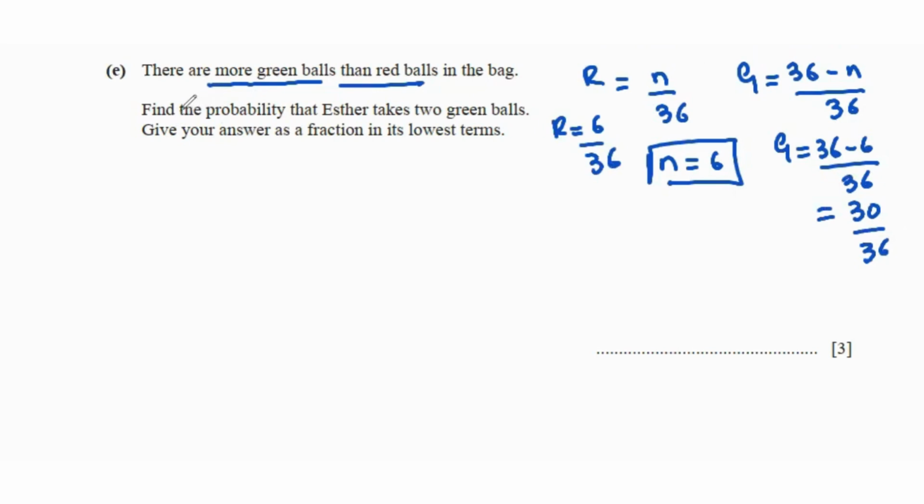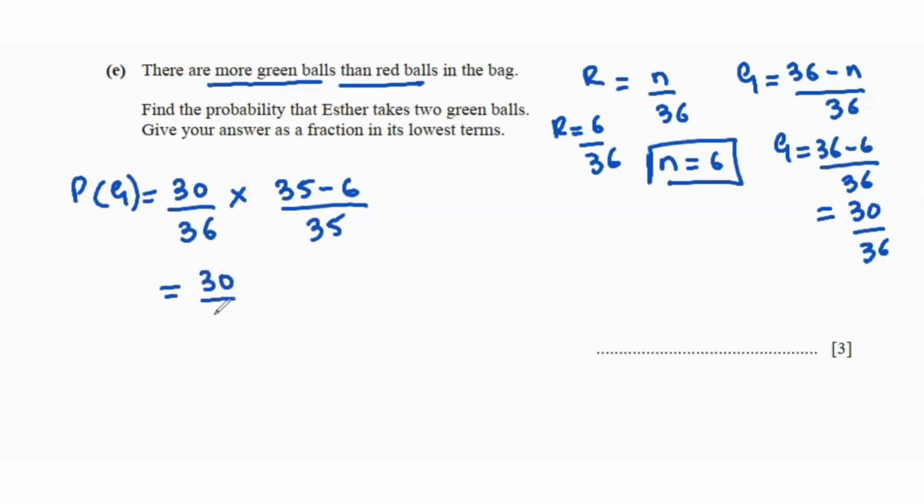Going back to the question, it says find the probability that Esther takes 2 green balls. So for 2 green balls, it's going to be 30 over 36 times 35 minus 6 over 35.